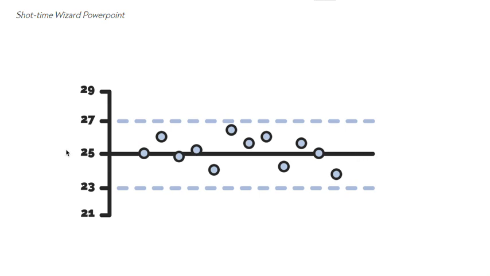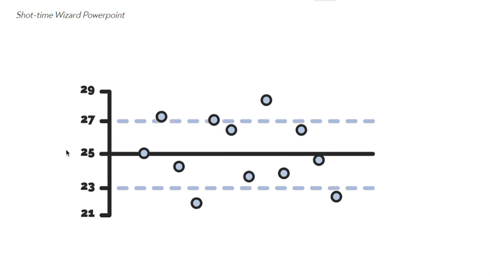Now, in some cases, you might find that the shots are coming out all over the place. Some at 27, some at 22, back up at 27. It's very variable from one shot to the next, up and down. In this case, I'd recommend that you check your dose and distribution to make sure that there's no errors there, because a change in dose and a change in distribution can create a different amount of resistance to the espresso machine, which will create a different length for your espresso shot.